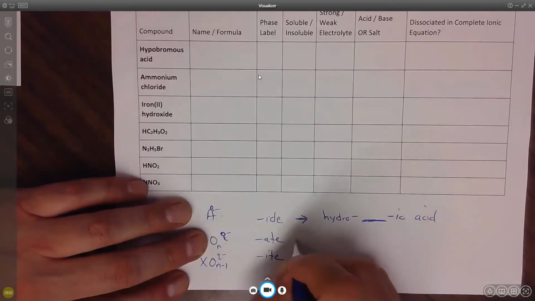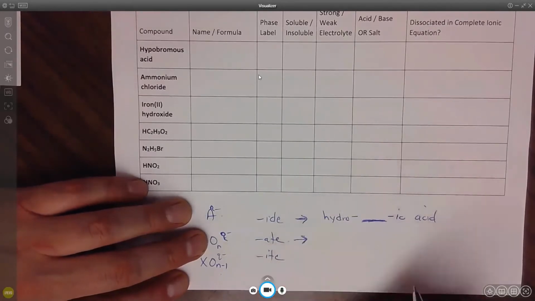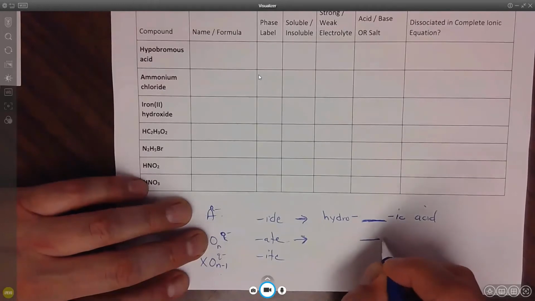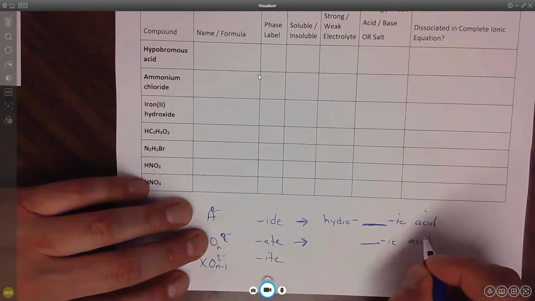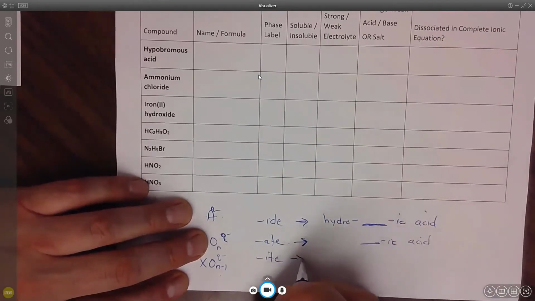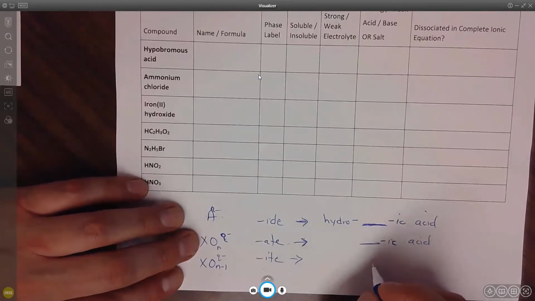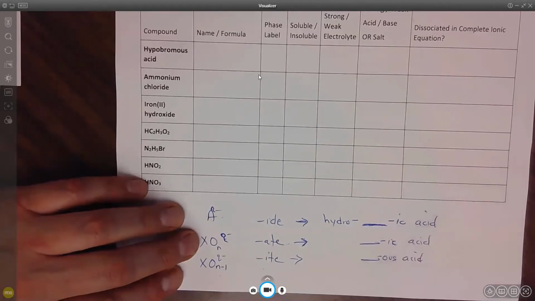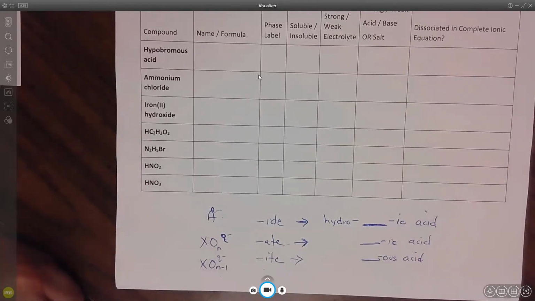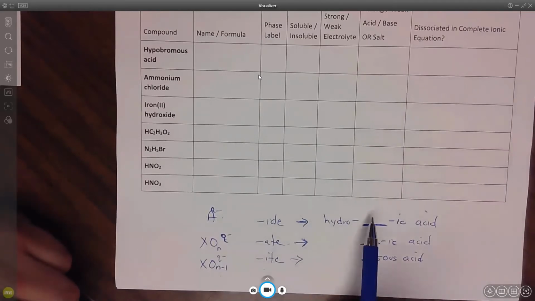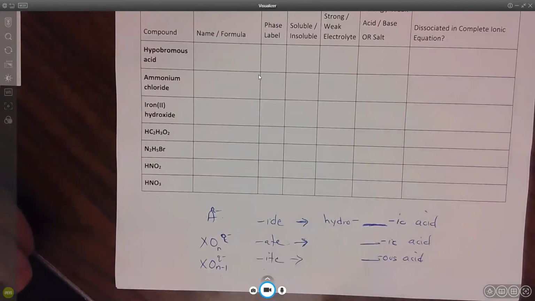If it ended in ATE, we would simply use the stem name, replace the ATE with IC, and add the word acid. And if it ended in ITE, we would simply replace the ITE with OUS and add the word acid. Now, just remember, for sulfur, not only did we use the stem, but we added the UR back. And for phosphorus, we added OR back.